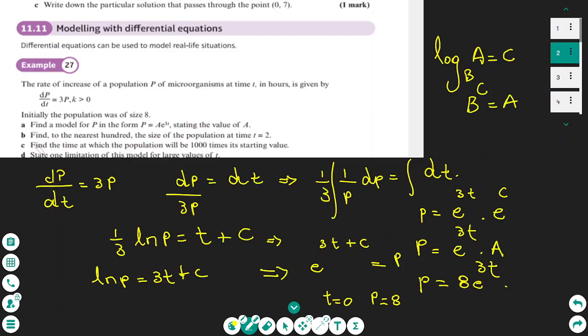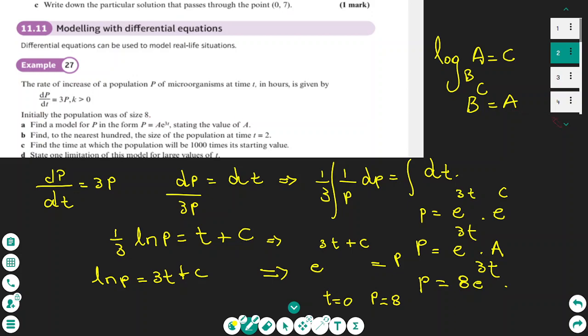It's an exponential. Part C: find the time at which the population will be 1,000 times its starting value. 1,000 times its starting value means 1,000 times 8, since the starting value is 8.